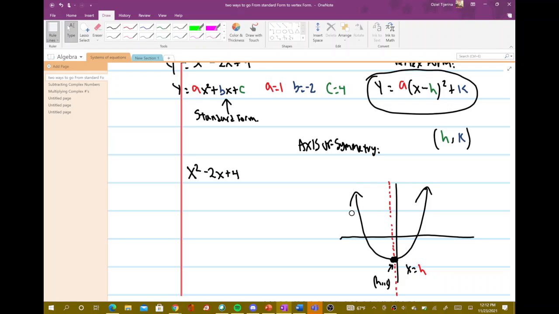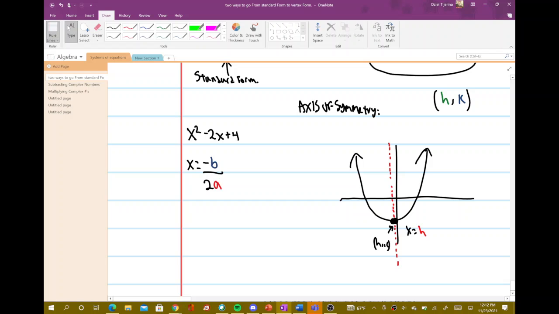So here, like I said, we have a equals 1, b equals -2, and c equals 4, right? There's a specific formula for the axis of symmetry, that is x equals -b over 2a, okay?